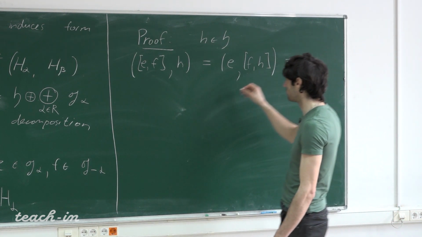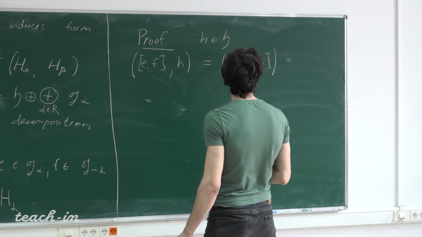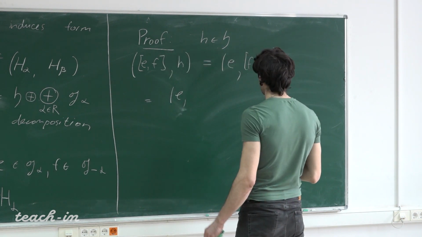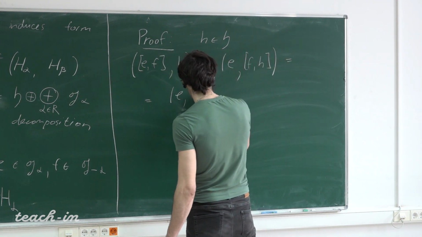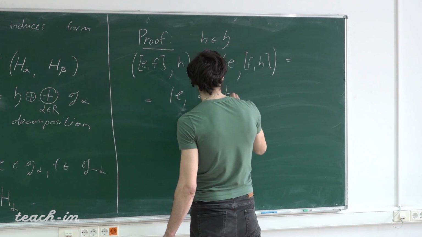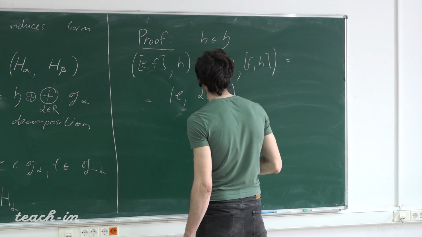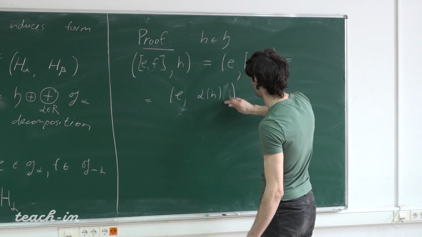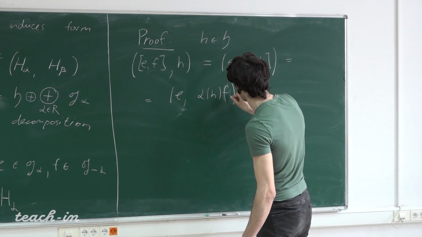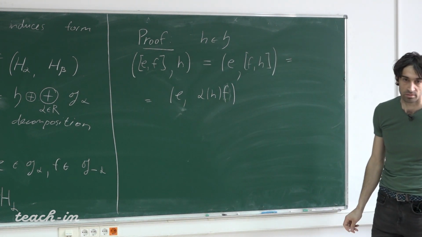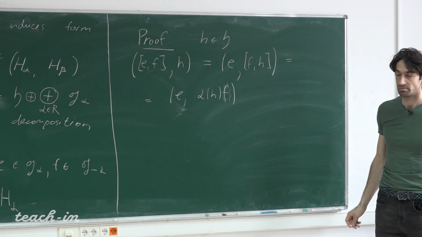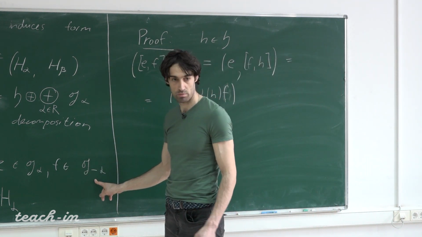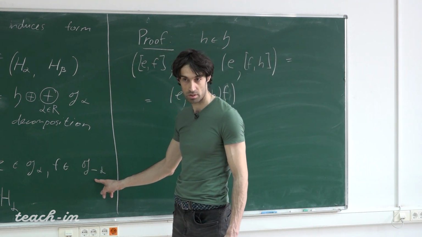So I would like to say that this is E, and this thing is alpha of H times F. Just because F is from G negative alpha, what does it mean?